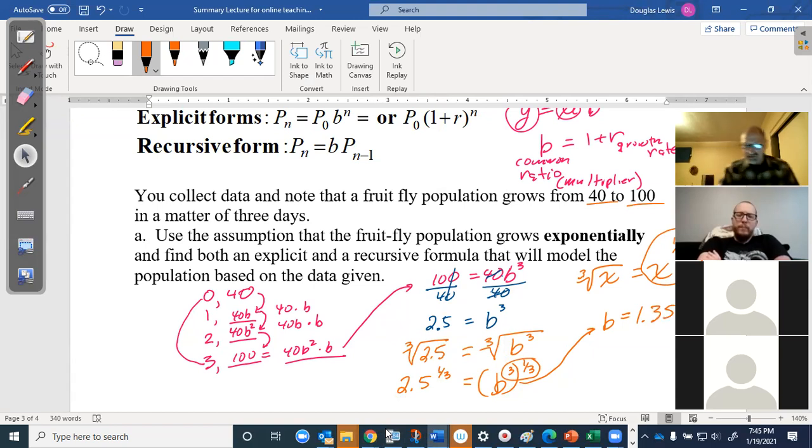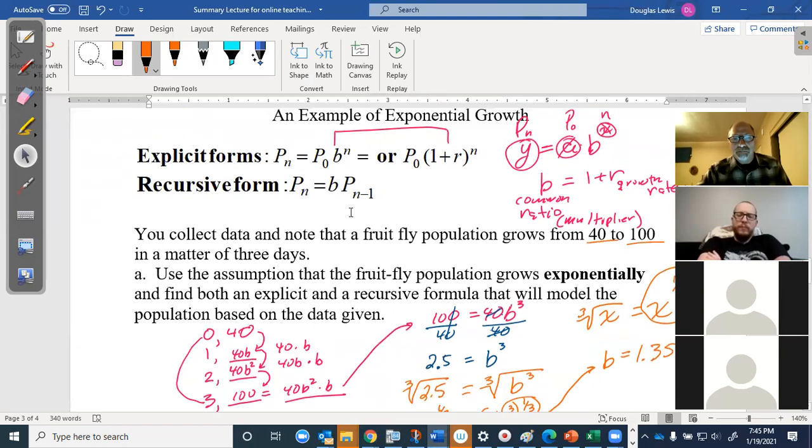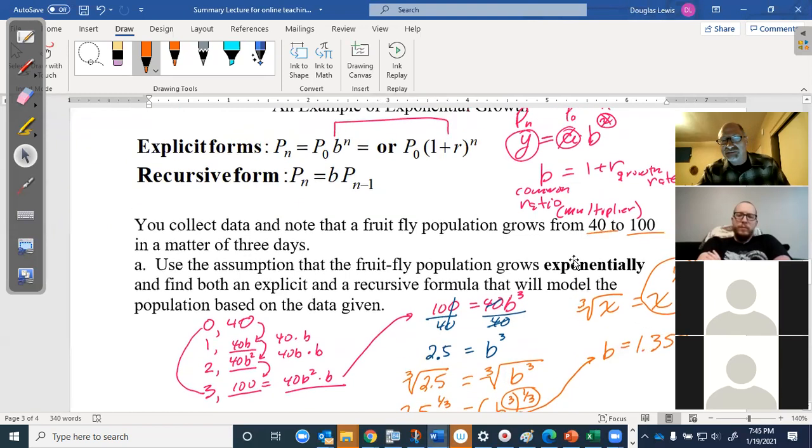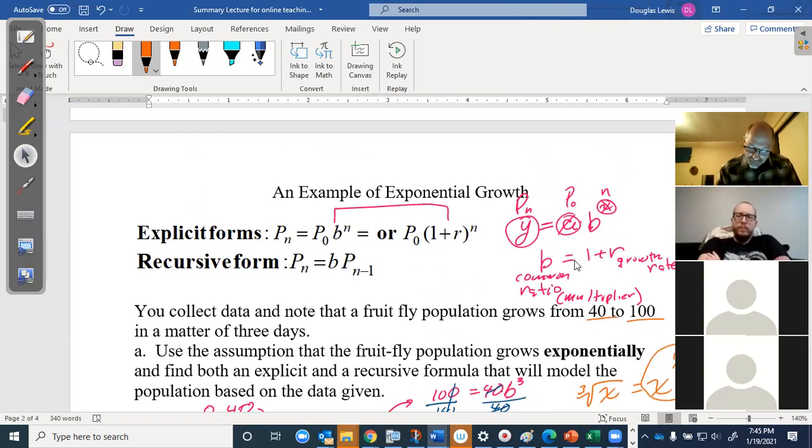Now, notice it says B is the same as 1 plus R. So this 1 on here stands for like 100%. That means it's an increase of 35.7%. In other words, if B equals 1.357, then R is equal to just the 0.357 part, or 35.7%.